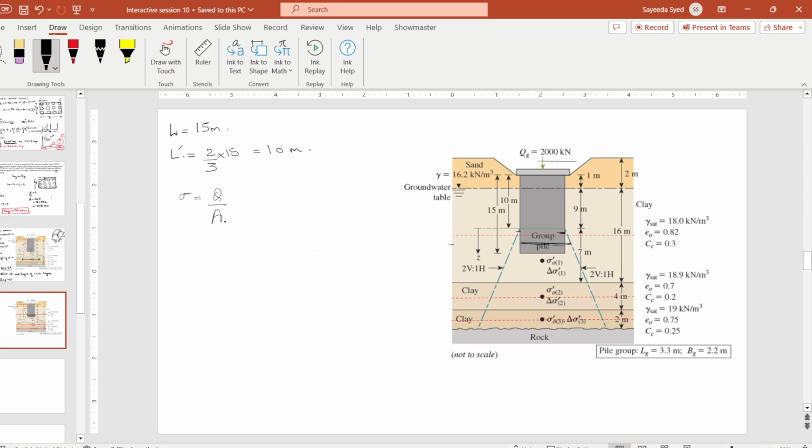For layer 1, this will be equivalent to, let's calculate, Z1 we can say.